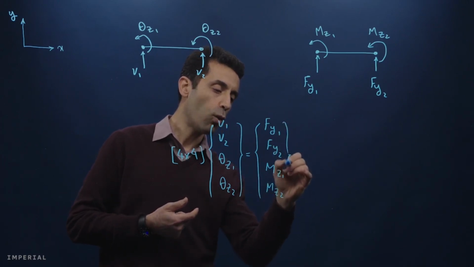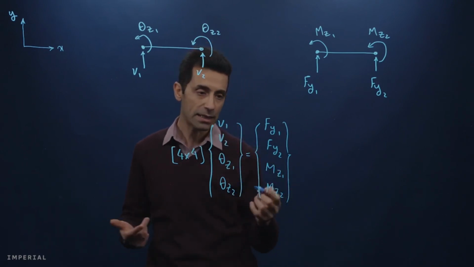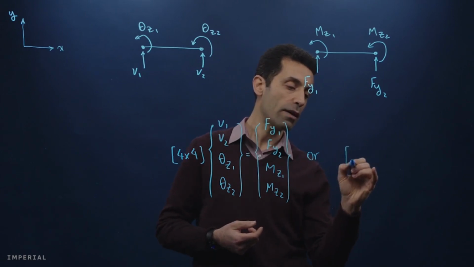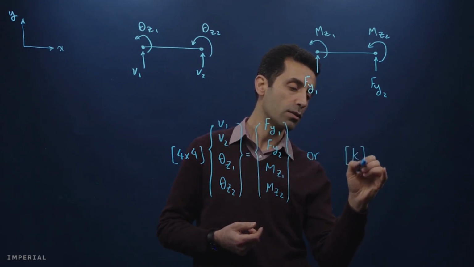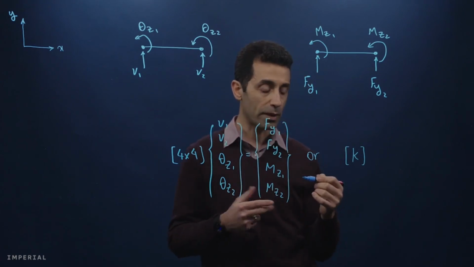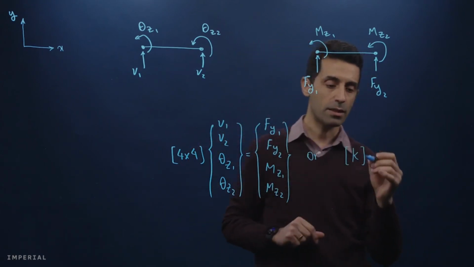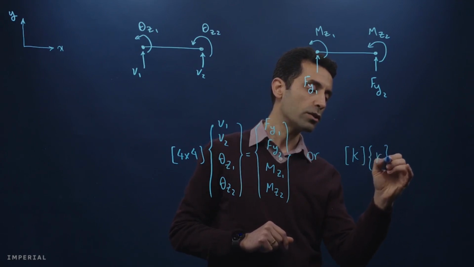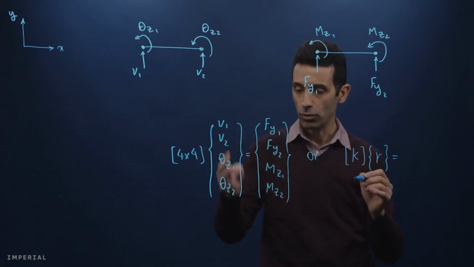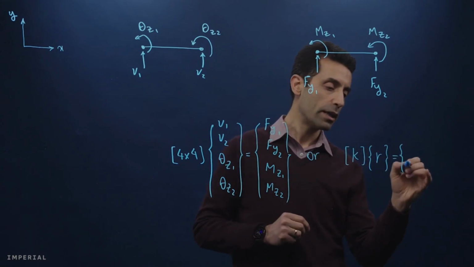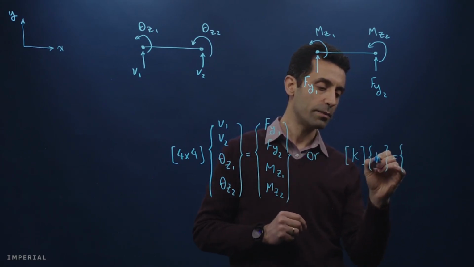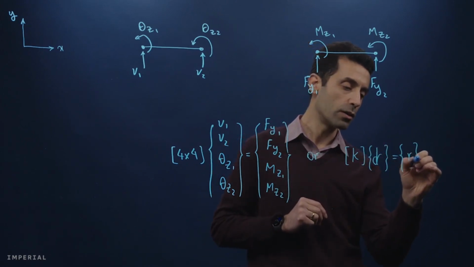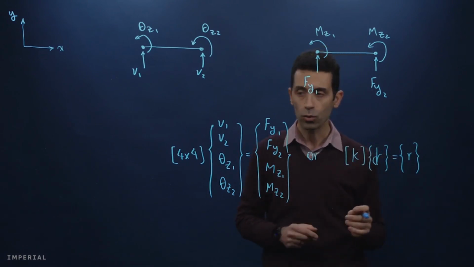right? Or if you remember, we can neatly write this in a matrix format where we have k in small letters. So this is the element stiffness matrix times d, the vector of nodal displacements, equals r, the vector of nodal forces.